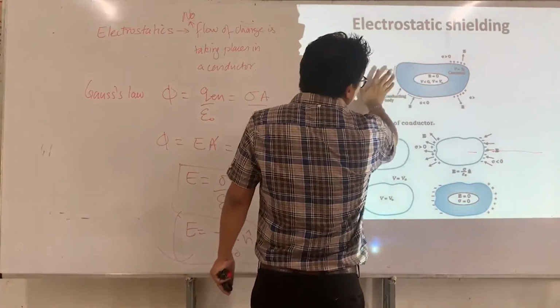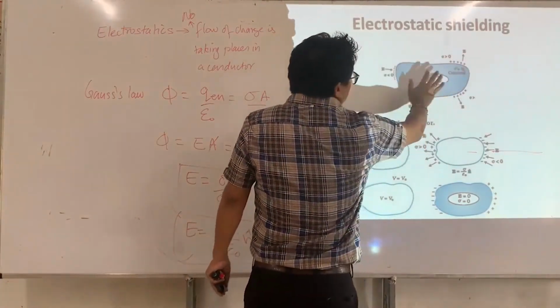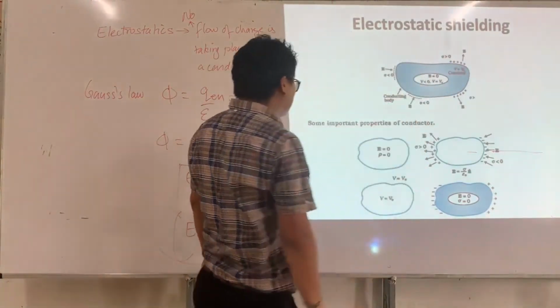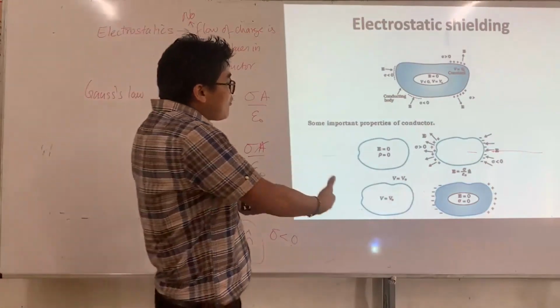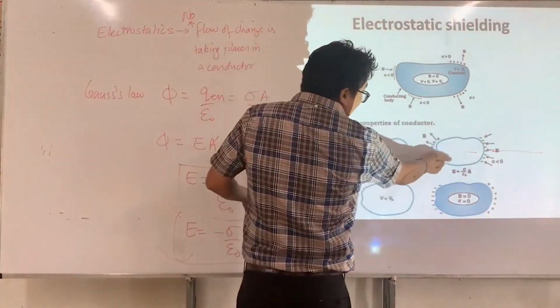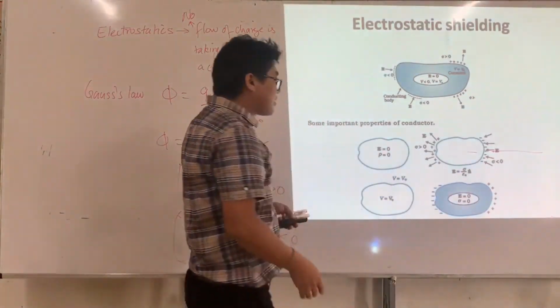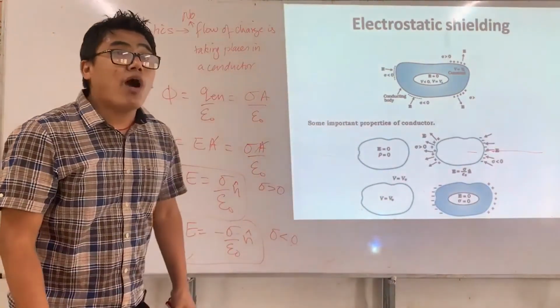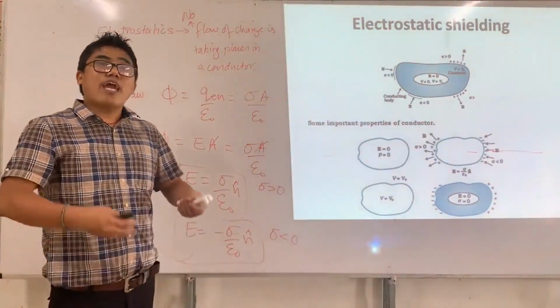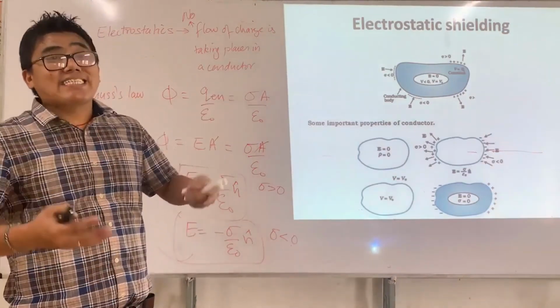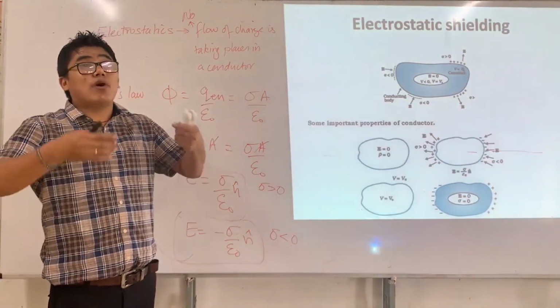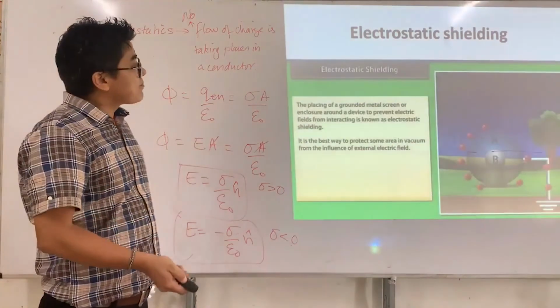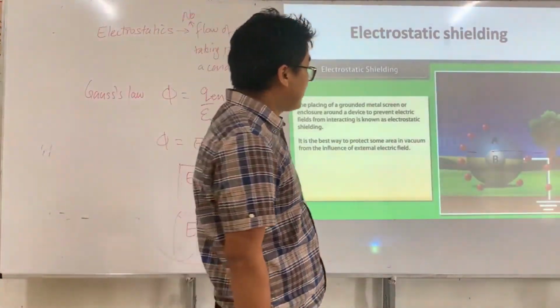So no matter how many charges you see outside, the electric field inside the conductor is 0. So you cannot be affected by an external electric field as long as you are inside a conductor.